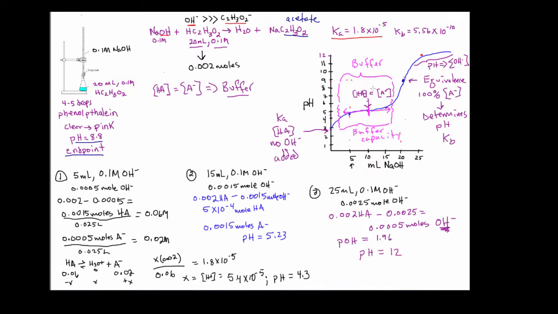Now, the other major issue you need to understand about this, that your professor or teacher is going to expect you to realize, is that if we know this point on the graph, if we can find this point, then we can know the Ka for this weak acid, because basically all you need to do is come straight across here to your pH, whatever that is, back calculate to concentration of H3O plus, and remember that at this unique point where Ka is equal to concentration of H plus times A minus over HA, you can see at this midpoint that the concentration of A minus cancels with HA, and the Ka of the acid is going to equal the concentration of H plus at this midpoint.